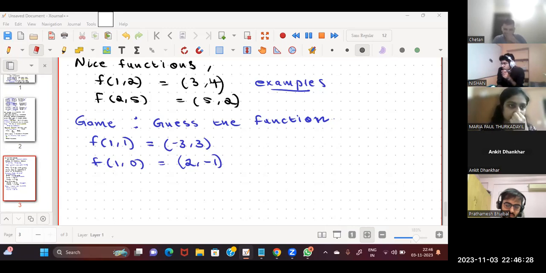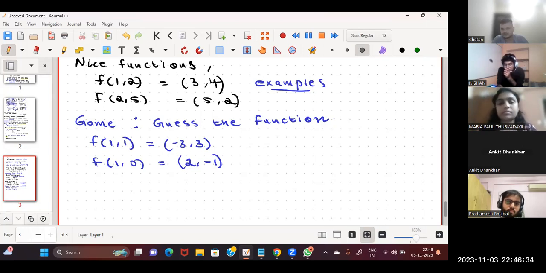Okay, no issues. So we'll write down the function. Can we put it in the form of a matrix to solve? For the first one, 2x minus 5y, comma 2x minus 5y.